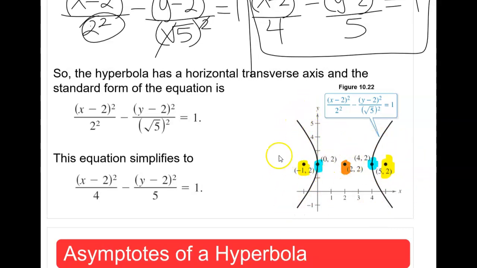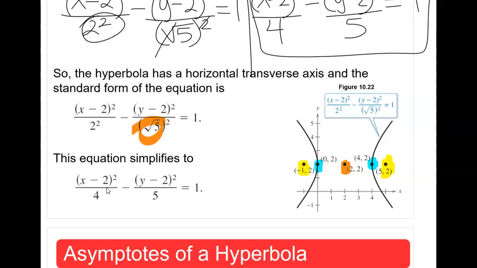And the thing that we are missing is how wide the branches will be opening or how narrow. So what we're going to do here is start talking about two other points. For example, those 2 points will be the square root of 5 away from the center, above and below.